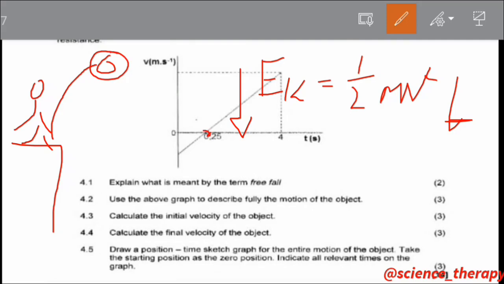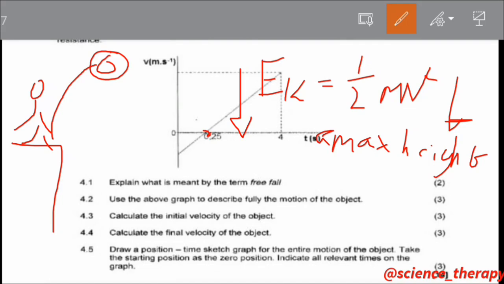We can see that because it is indicated there by the x-intercept, where our velocity is equal to 0. Now we know that the x-intercept on a velocity versus time graph indicates the velocity at the maximum height. So the velocity that you get on the x-intercept is the velocity at the maximum height.